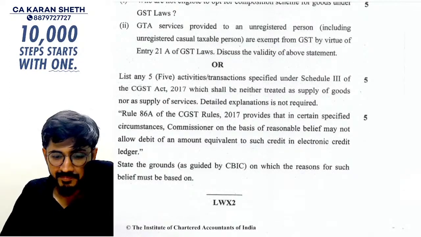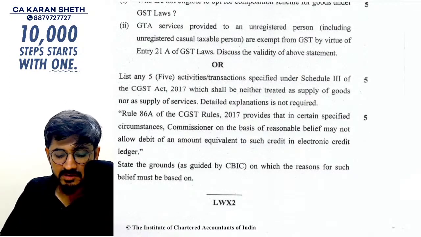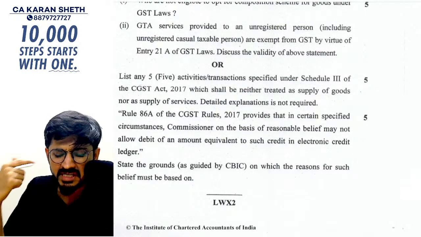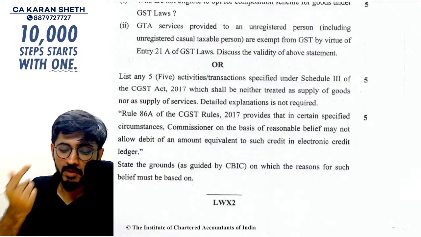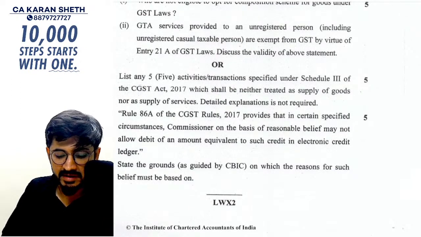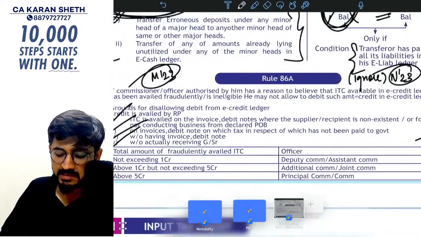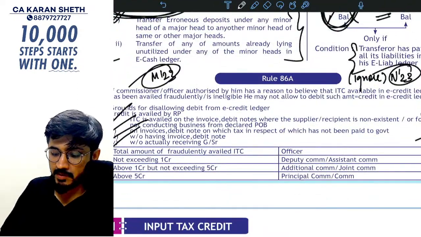B point. It says Rule 86A of the CGST Rules provides that in certain specified circumstances, the Commissioner on the basis of reasonable belief may not allow debit in the e-credit ledger. State the grounds. It was asked for 5 marks, friends, and that's where you are.